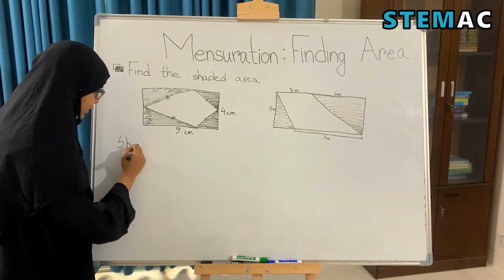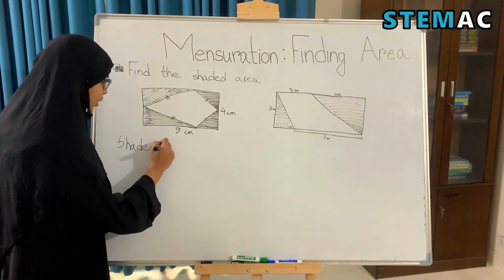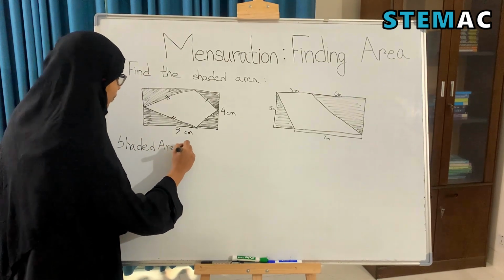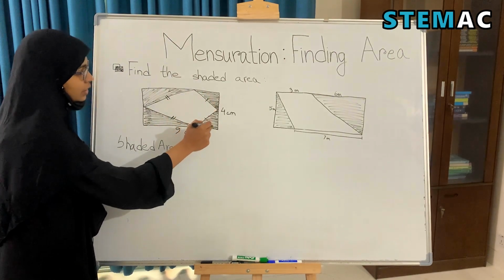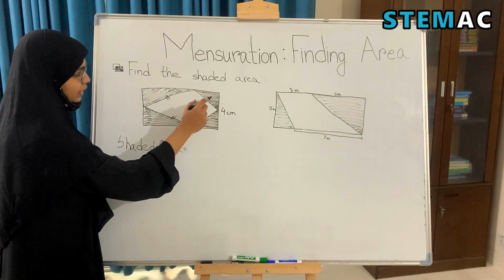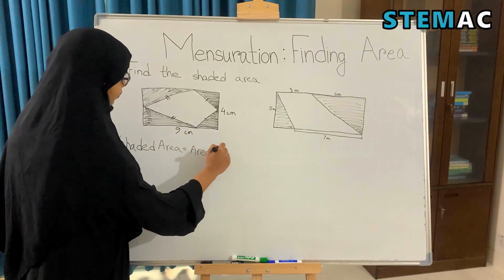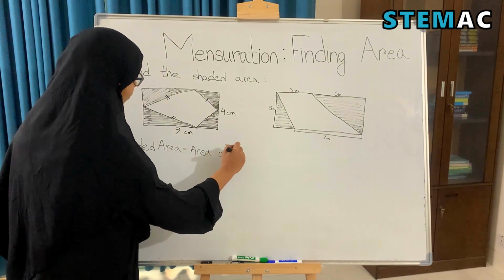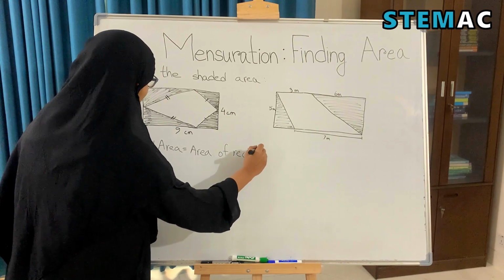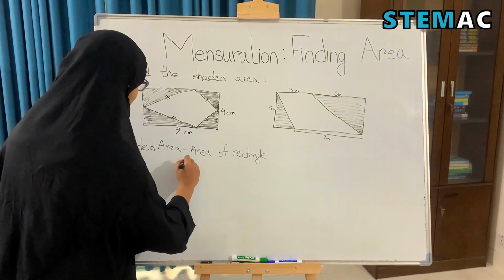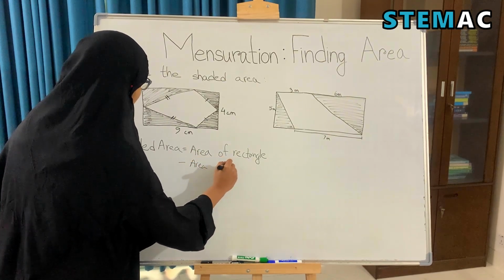So, let us write shaded area equals area of rectangle minus area of kite.